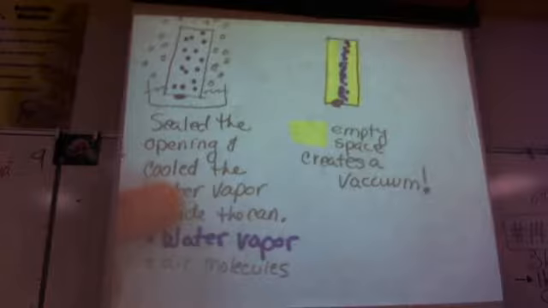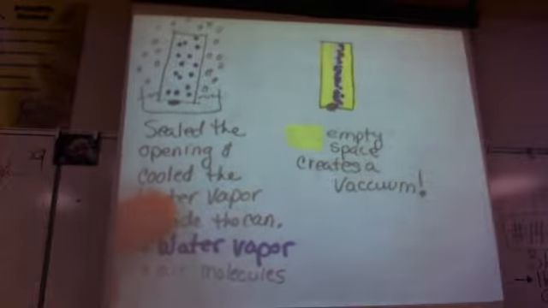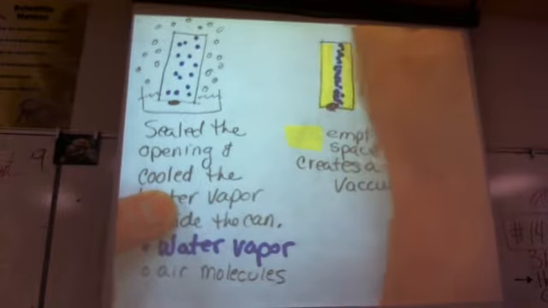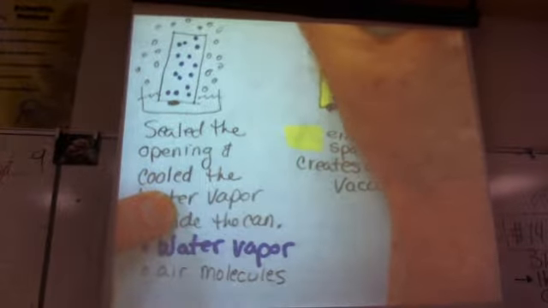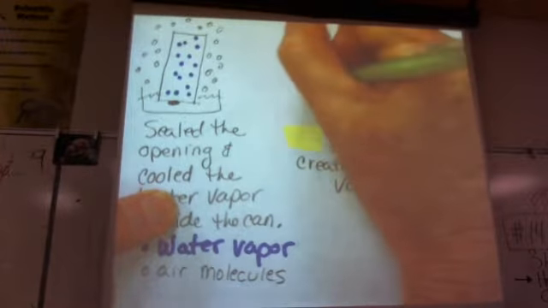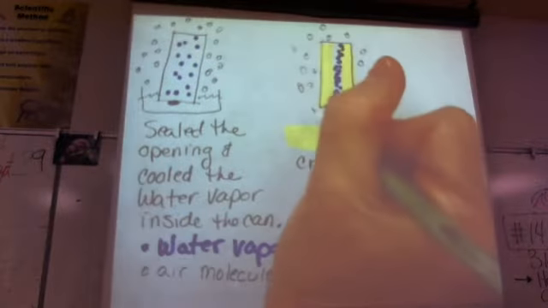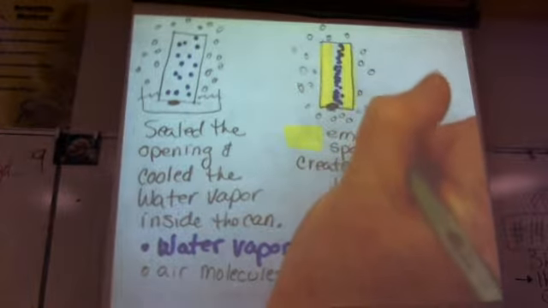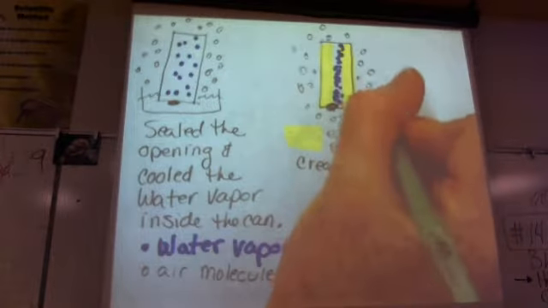So inside the can, things are changing. Outside the can, nothing's changing. We still have air molecules. So let's draw our air molecules all around the can. So because outside the can you have all these air molecules, what is the pressure? The pressure hasn't changed outside the can.